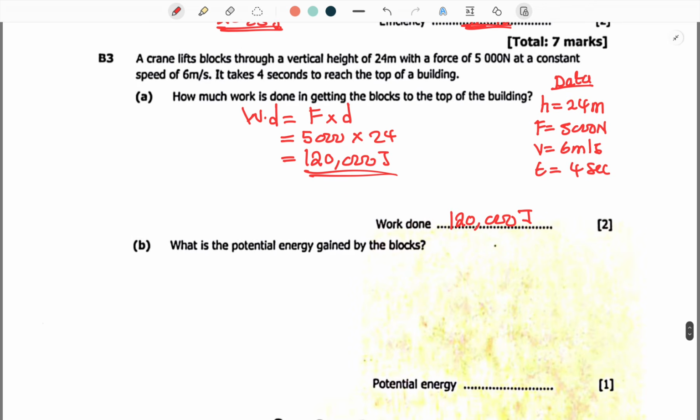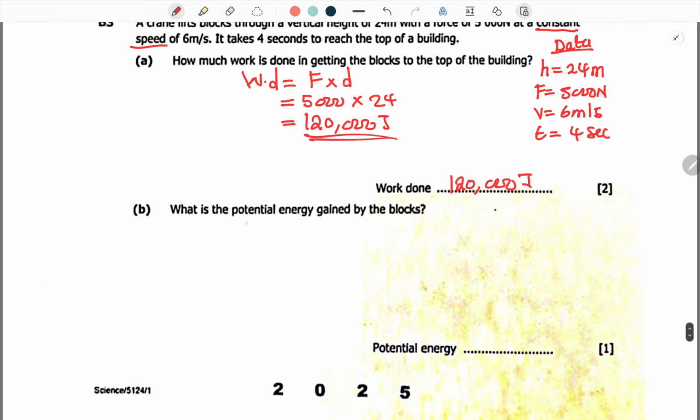I want you to listen to the language. A crane lifts blocks through a vertical height of 24 meters with a force of 5,000 newtons, right? At a constant speed. Because we have a speed that remained constant, the potential energy will remain the same.